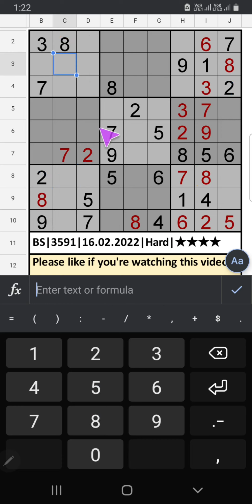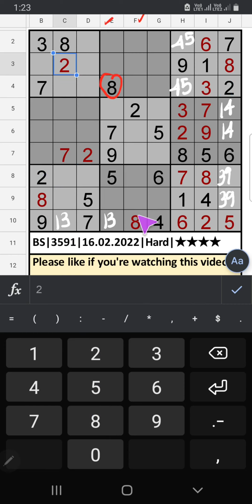Column E, column F we have 8, so 8 can't come in these cells, then 8 is confirmed here.